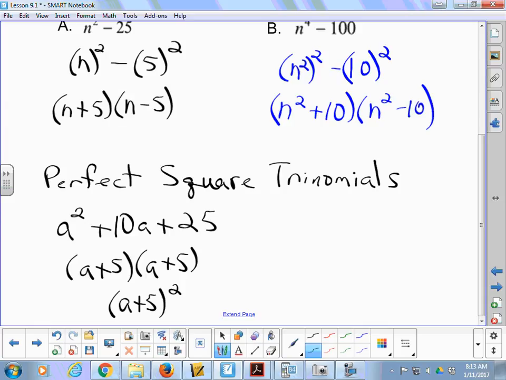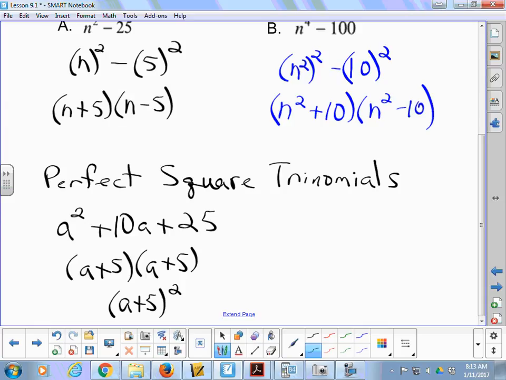And we will talk more about perfect square trinomials when we get to the lesson on what's called completing the square in chapter 9. But for right now, you're going to do some factoring with these. There's a couple of them on pages 5 and 6 on the packet, but you can just do them.